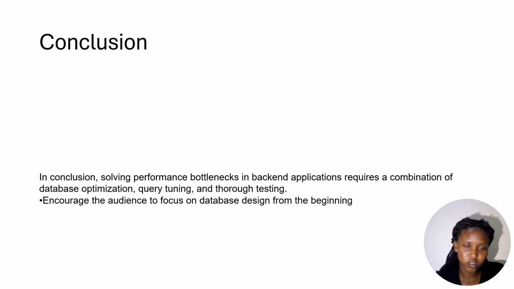In conclusion, solving performance bottlenecks in backend applications requires a combination of database optimization, query tuning, and thorough testing. And encourage the audience to focus on database design from the beginning. So guys, I encourage you to focus on database design from the beginning too.